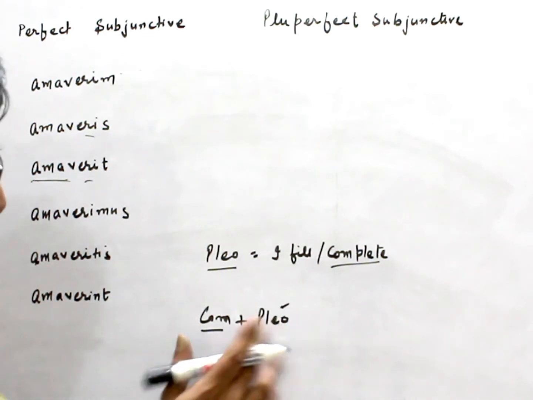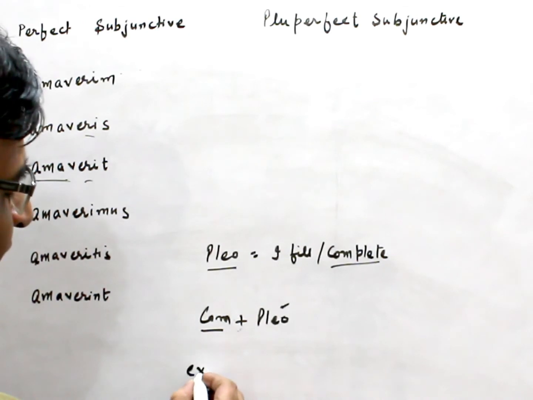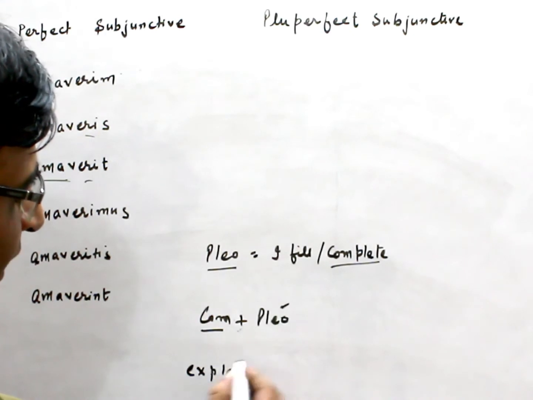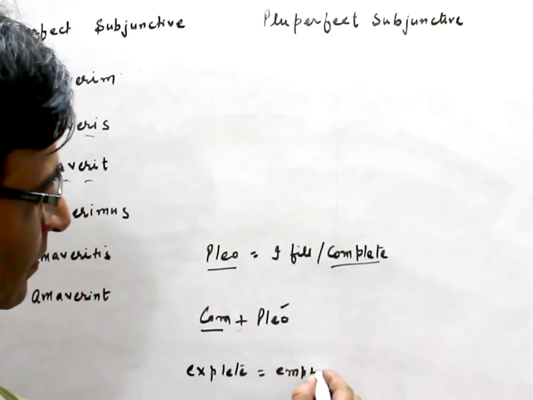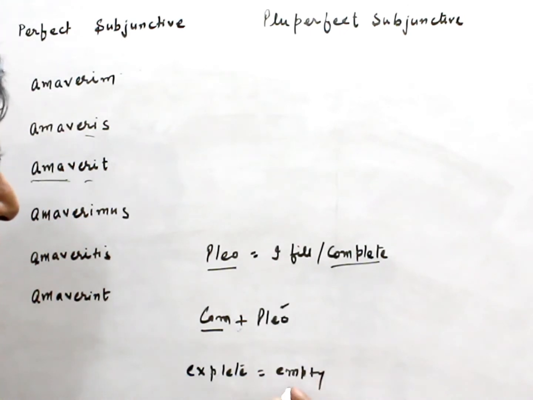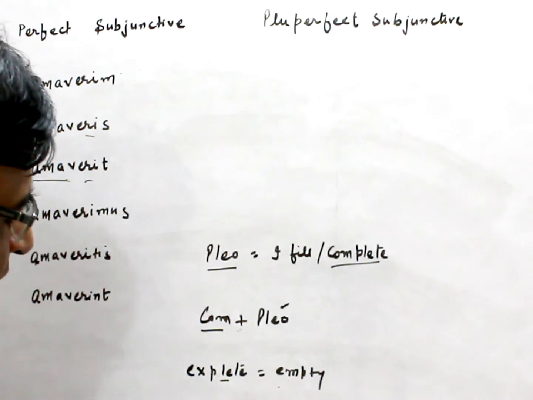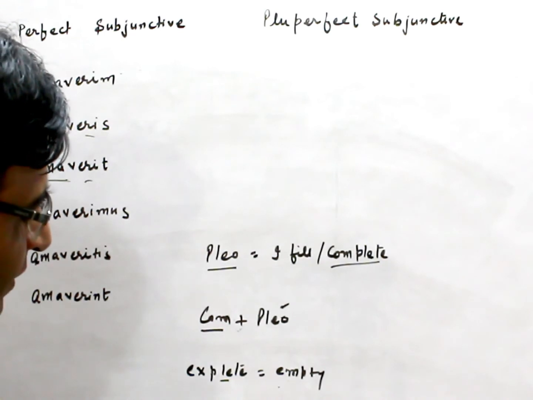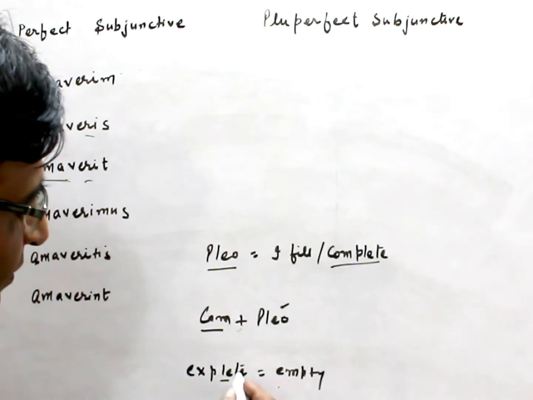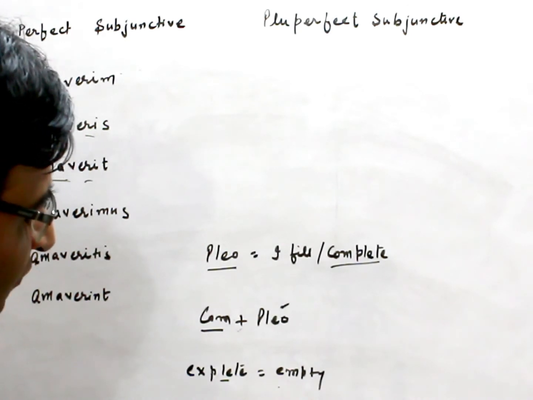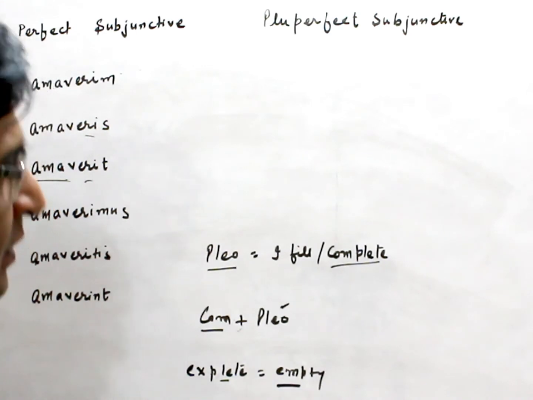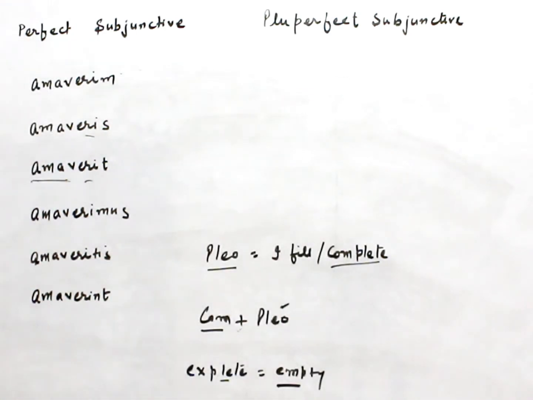So it is complete. And similarly, expleo is to empty, or to make empty. So in this ex means out, and this is I fill. So actually it is I fill out, that means I make empty. So like this, the words are added.